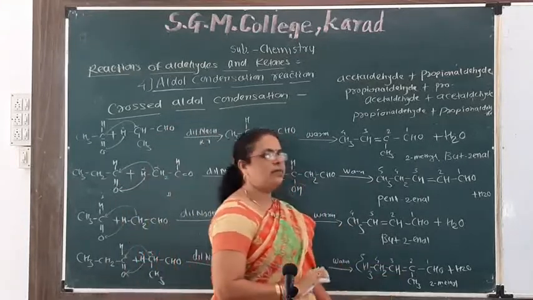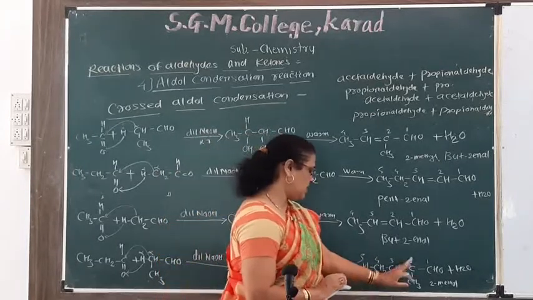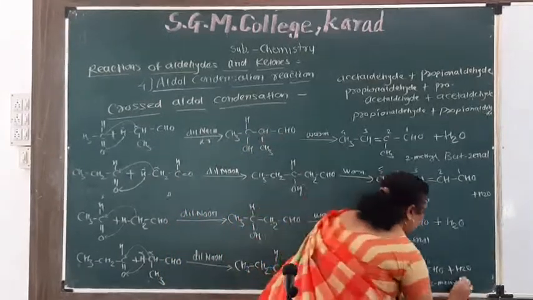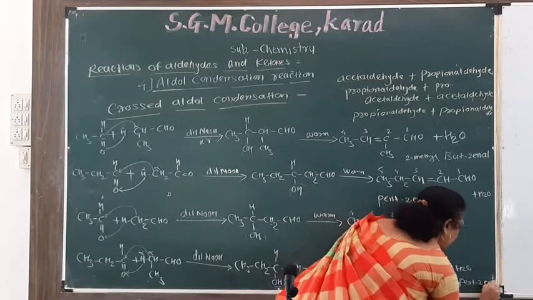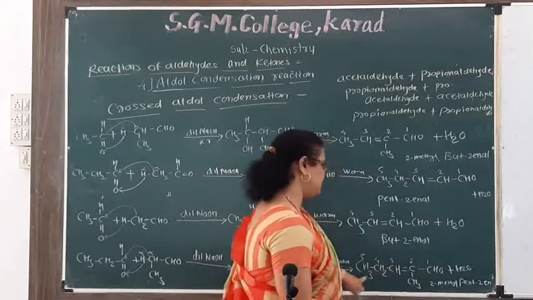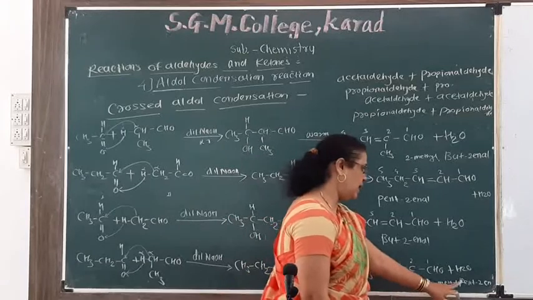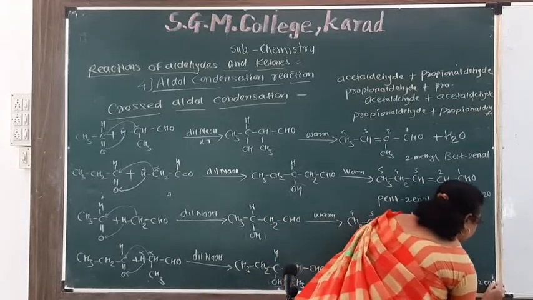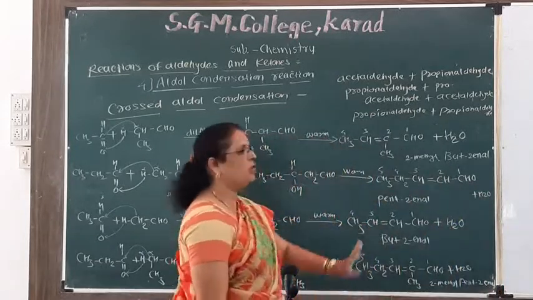But here there is a double bond, therefore ANE is replaced by ENE. The position is the second position, therefore 2-methylpent-2-ene. And an aldehyde group is present, therefore E is replaced by Al, means 2-methylpent-2-en-al. This is the fourth product.